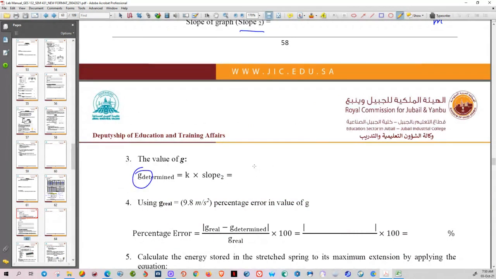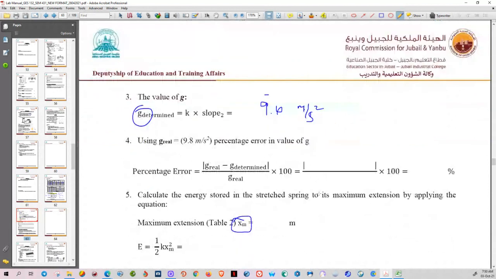So let's say, for example, by calculation you get the value of g, only 9.6. Show the calculation here and then you get the value of g, 9.6 meter per second squared. You take that value and substitute it in this equation to get the percentage error.